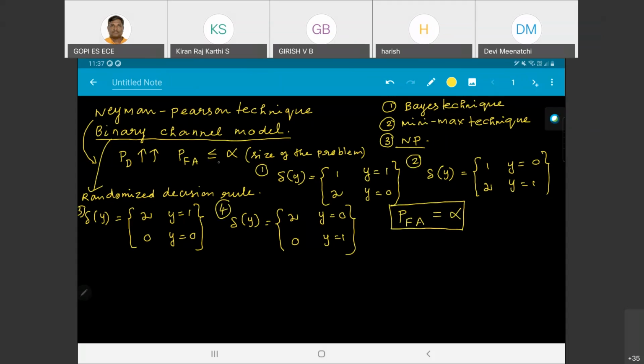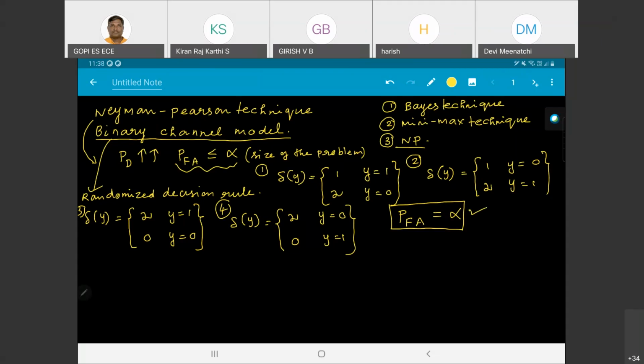Our interest is the probability of false alarm to be less than or equal to alpha. It is not possible to reduce this probability of false alarm beyond this value alpha. So to maximize this probability of detection, the restriction is to equate the probability of false alarm exactly to alpha.